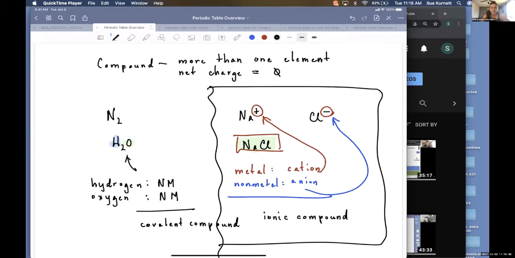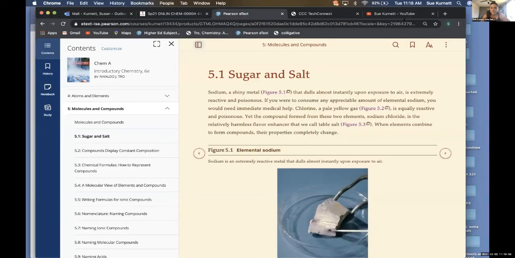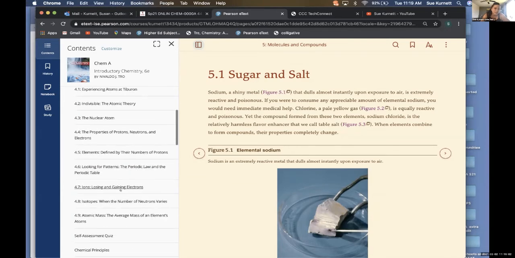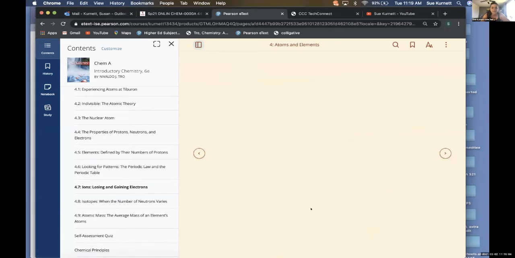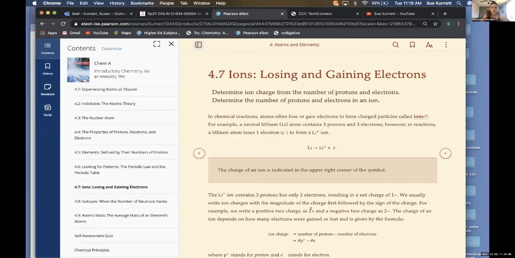So first I want to go to your book. Right here, I'm in chapter 5 because that's where we are now. You are going to want to go back and read 4.7. 4.7 talks about how lithium is an atom. It's in group 1, it's an alkali metal. It can lose an electron and become a lithium ion.